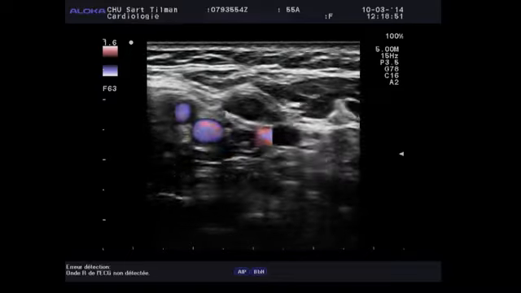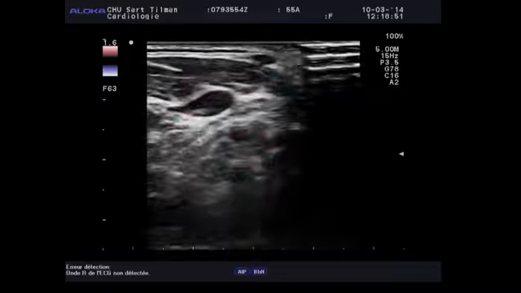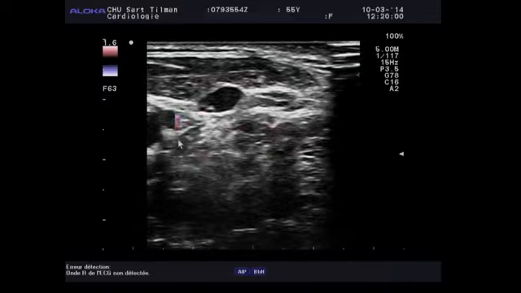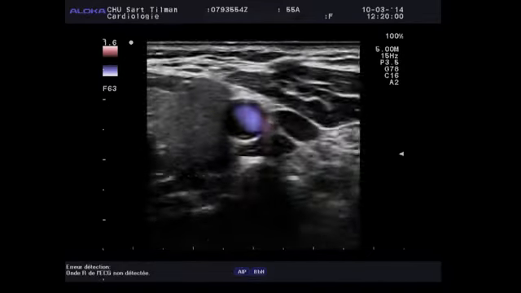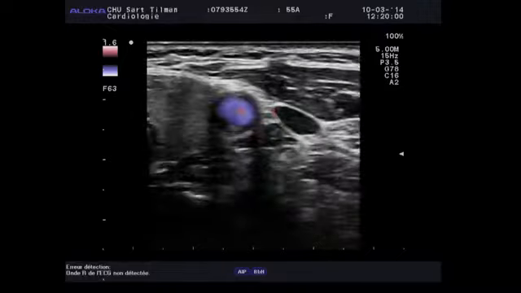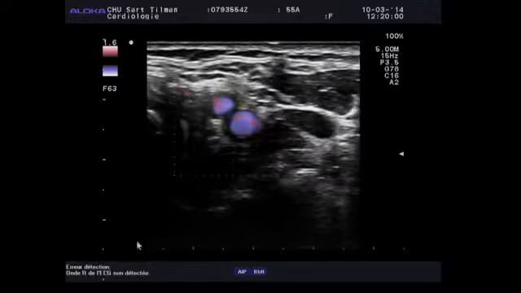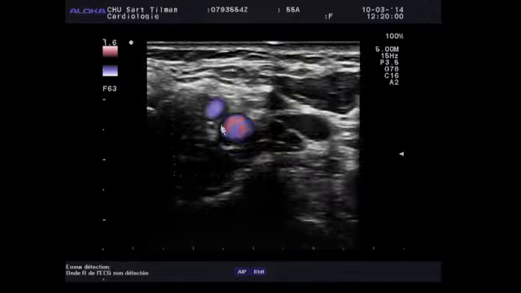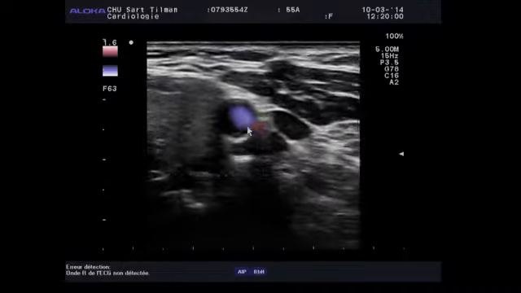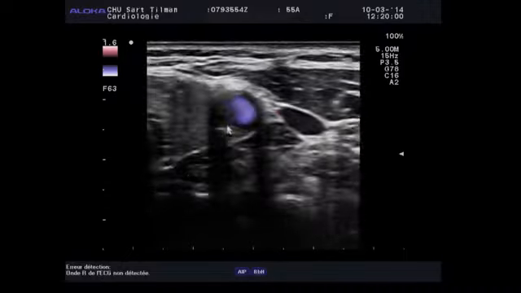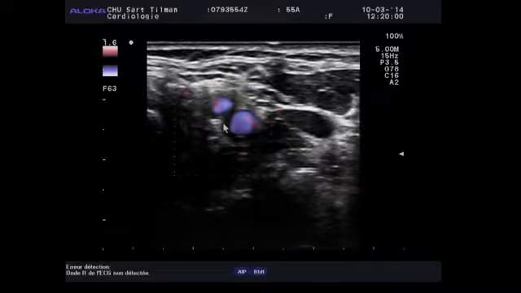And the internal carotid artery. That's the bifurcation with the plaque. You've just seen the plaque from the common carotid artery to the bifurcation.